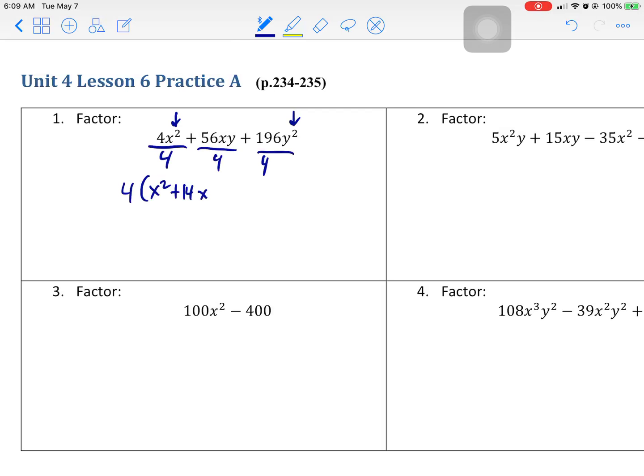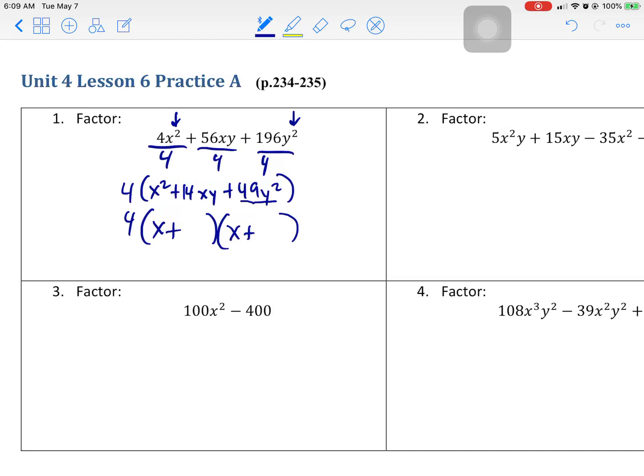I think it's 14. All right, we take out a 4, and we have a guess and check left because A equals 1. Our signs are plus in the problem, so they're plus in the answer.